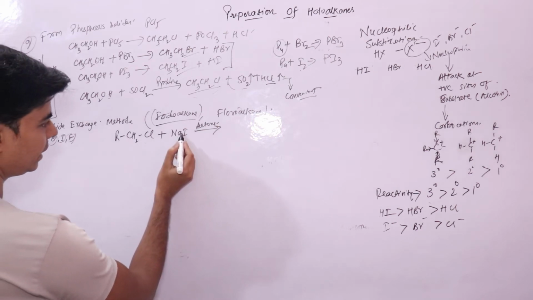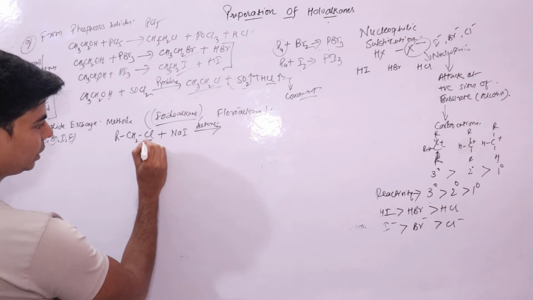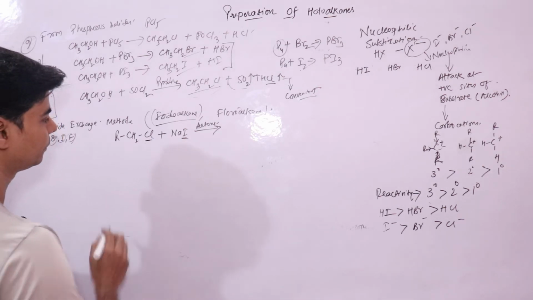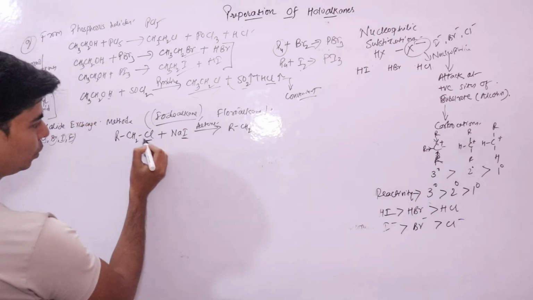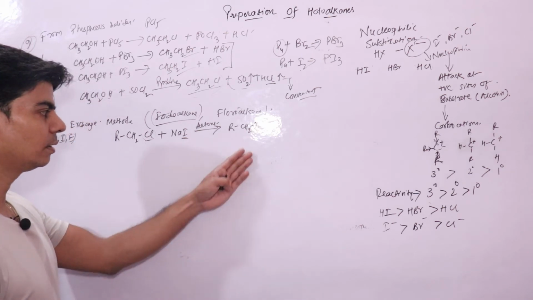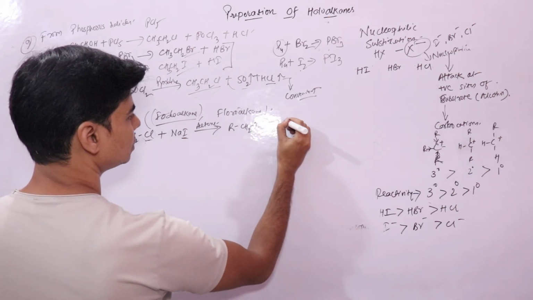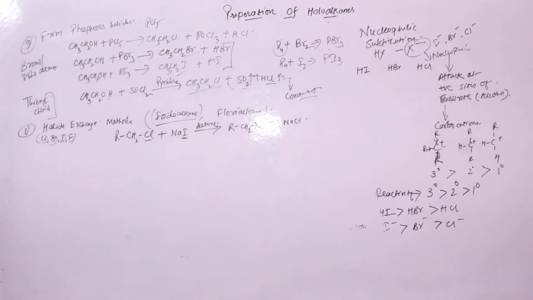So this iodoalkane would be prepared by halide exchange, where this chlorine would be exchanged with this iodine. So RCH2Cl, chlorine is exchanged with iodine. What you get is your iodoalkane plus your sodium chloride. This is how this reaction is done, and this reaction is known as Finkelstein's reaction.